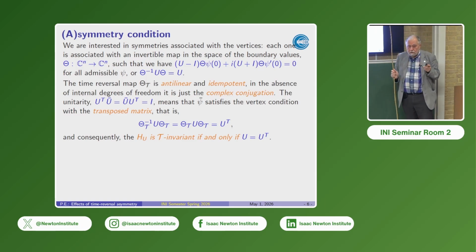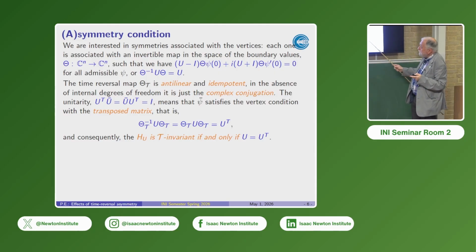Now, in connection to the time reversal, which, in the absence of internal degrees of freedom, is just complex conjugation: since we know that the matrix U is unitary, you easily find that the corresponding matrix theta representing the time reversal is just transposition. So the invariance with respect to time reversal means the invariance of U with respect to transposition.